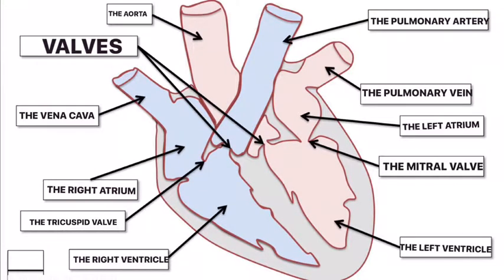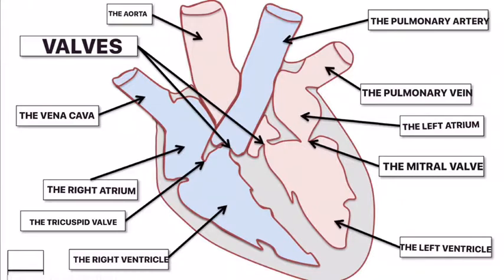Now we need to look at what the real function of the heart is. It is to provide the body and body cells with oxygenated blood and remove carbon dioxide from blood that has been around the body. So, the vena cava brings blood into the right atrium from the rest of the body where it has been deoxygenated.